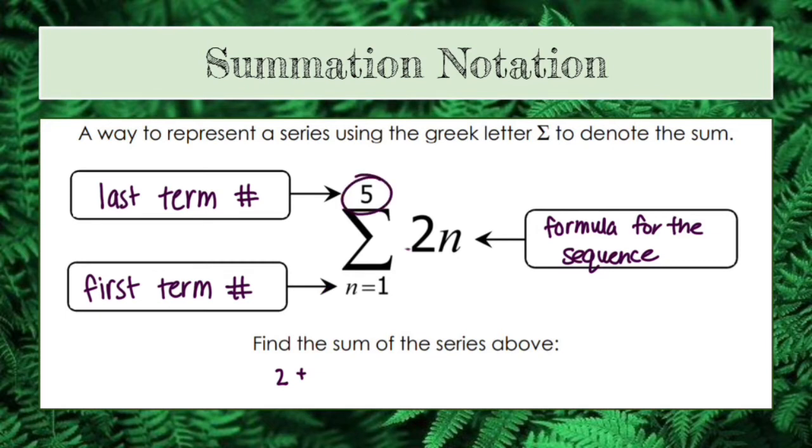So when n equals 2, we're going to get 4. When n equals 3, it will be 2 times 3, so that's 6. When n equals 4, we have 2 times 4, which is 8. And then when n equals 5, that's the last one we're going to do, we'll get 10. And when we add those all together, we're going to get 30.